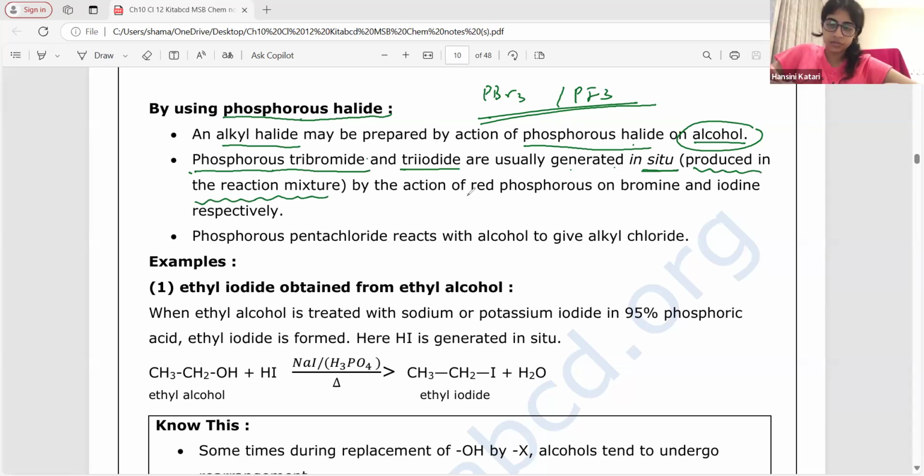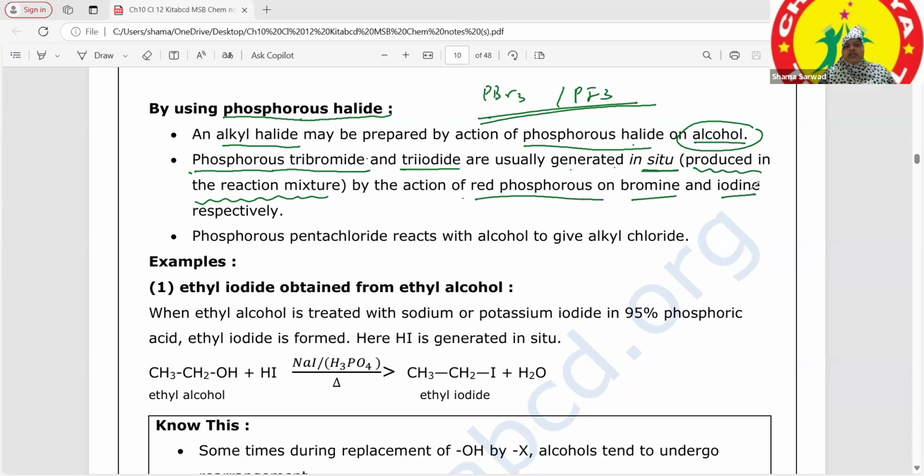By the action of red phosphorus on bromine and iodine respectively. How would they be prepared? When red phosphorus reacts with bromine and iodine, you will get PBr3 and PI3. Phosphorus pentachloride reacts with alcohol to give alkyl chloride.